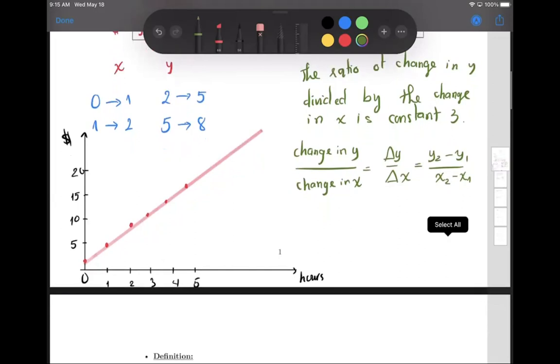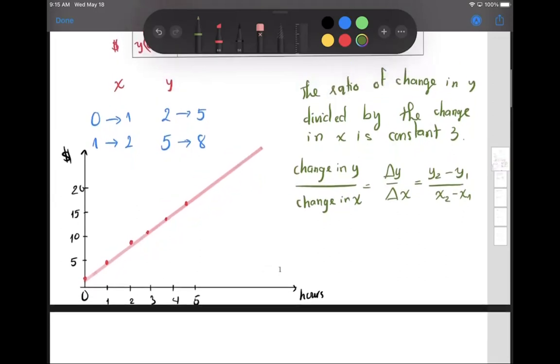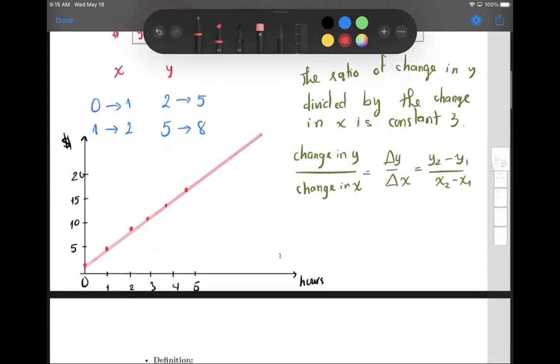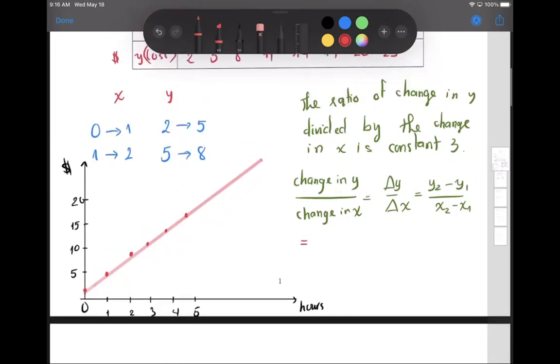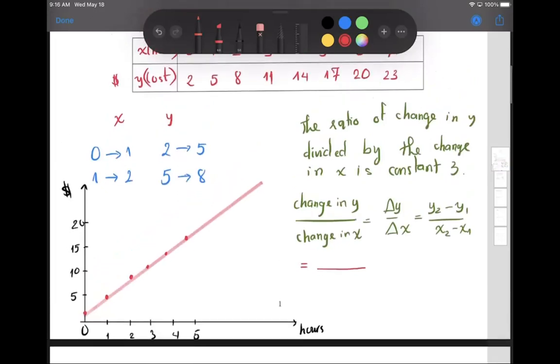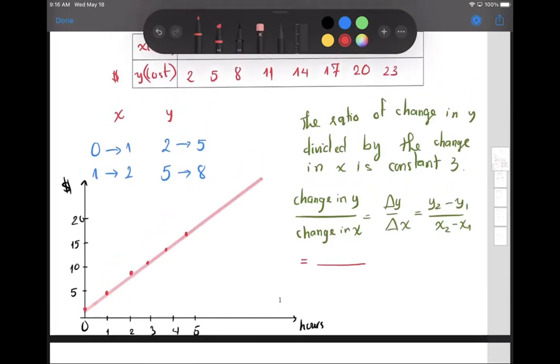Okay, so someone pick me a pair and plug it in. Give me a y2 and a y1 from the problem. 2 and 8, good. Well, y2 first. Someone pick me y2.